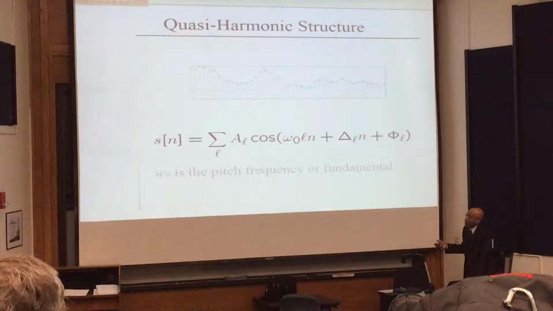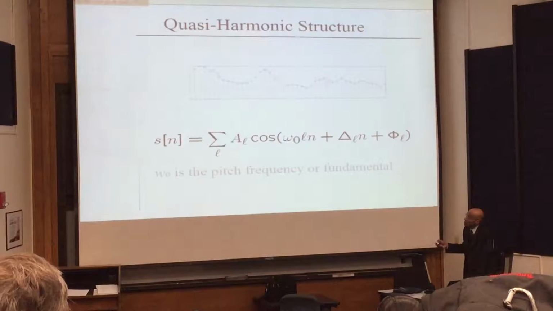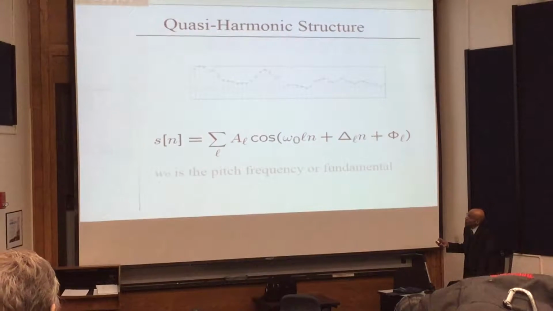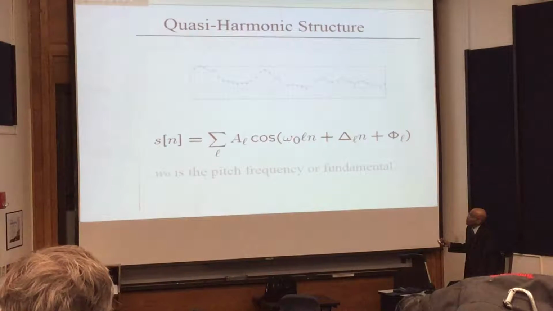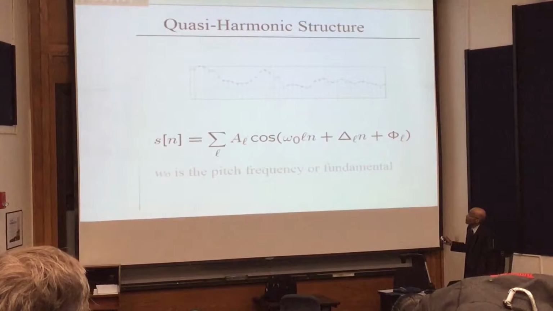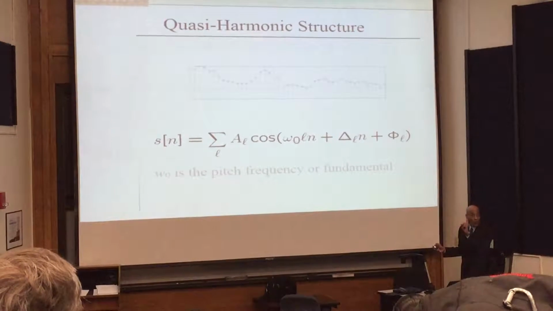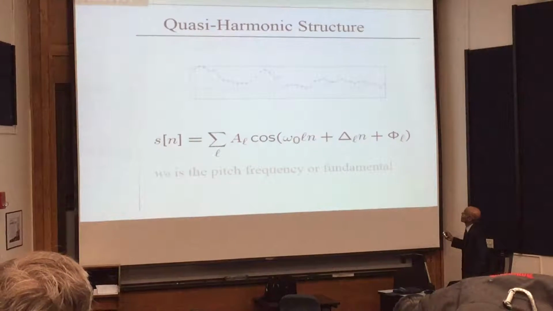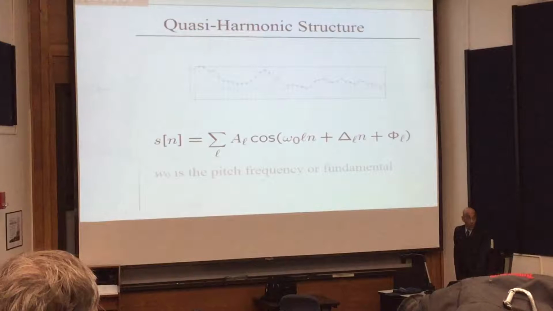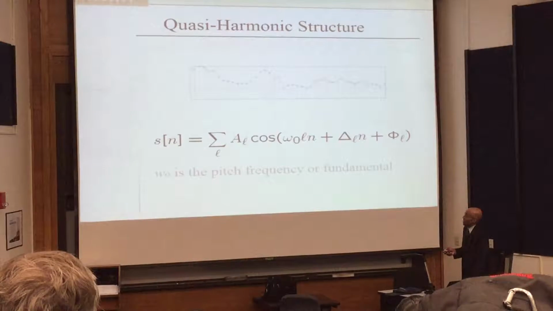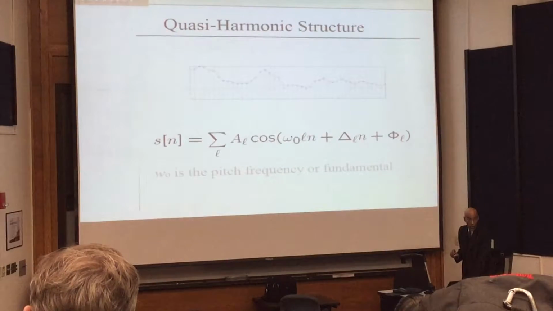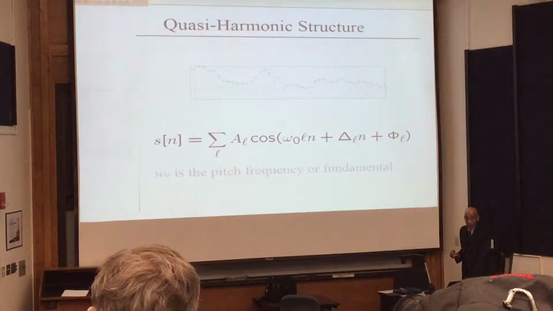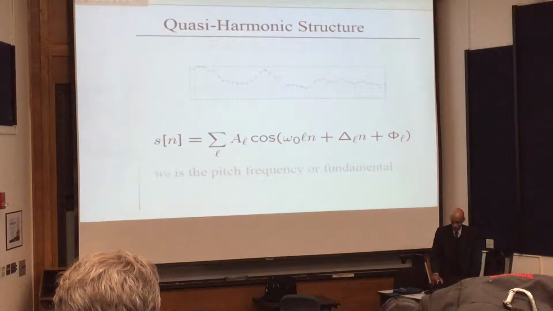We say that on a frame-by-frame basis, our synthesis is going to be represented as a sum of amplitudes of these cosines, these sinusoids, where we have a fundamental frequency, that's spacing, plus, and we allow for an offset, so we can have flexibility here, plus a phase. So actually we have 4 parameters here in that representation. Turns out we can make this 0 and still achieve very, very high quality representation. So that's the structure here.